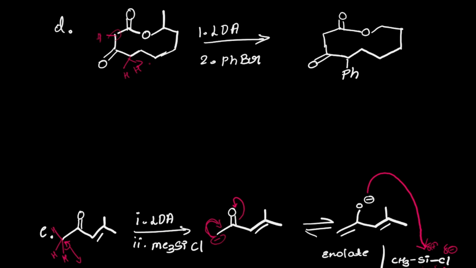While studying the properties of LDA, we have studied that LDA is a very large base, so it attacks the less hindered side. So it prefers to abstract the proton from this side, since it is less hindered than abstracting the proton from this carbon. By abstracting the proton from this carbon, it creates a carbanion here.